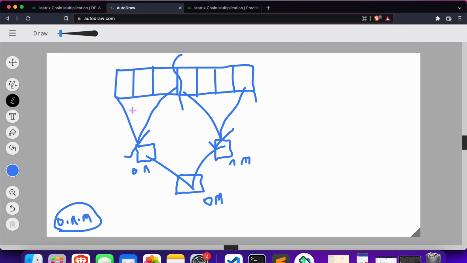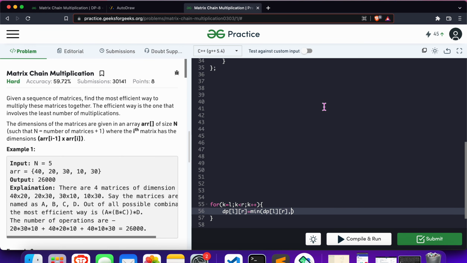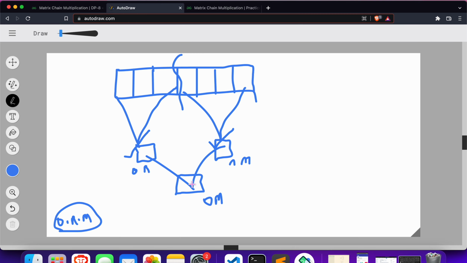So it will be from O to N. So here this means that we will get from dp of L to K and dp of K plus 1 to R, plus the number of steps in getting the last matrix, that will be this matrix and this matrix.